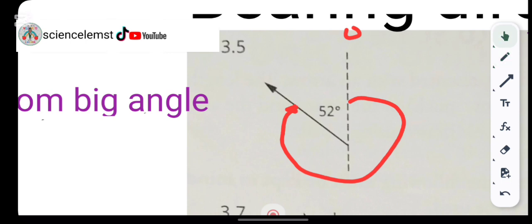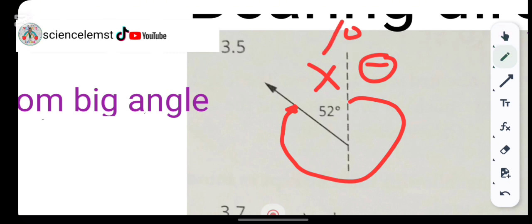So if I check the given angle, is it included within the arc? It's nowhere inside the arc. It's not included. That means I have to do what? I have to minus it. Where am I going to minus it from? I must minus it from the bigger angle. So remember, 0, 90, 180, 270. Because I've already passed 270, 270 cannot be my bigger angle. So my bigger angle to come is 360.